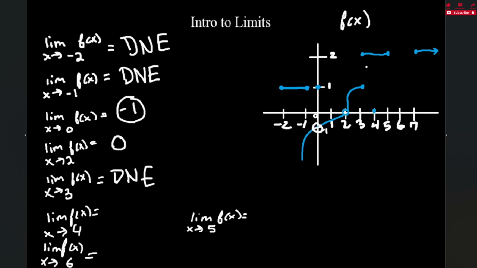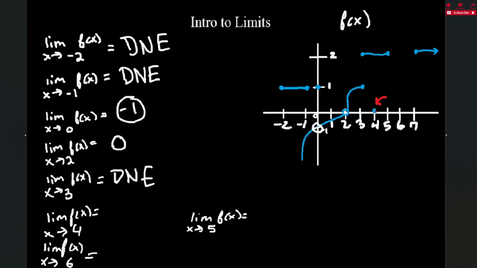Okay, so now the next example is as x approaches 4. So the limit as x approaches 4, but hold on, we have this point right here. What do we do with that? If you remember from earlier, we said we only care about what the function approaches. We don't care about the actual point.